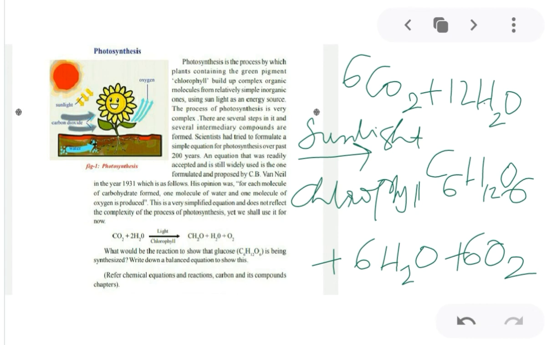So this is the well balanced equation of photosynthesis. 6CO2 plus 12H2O gives C6H12O6, 6H2O plus 6O2 is the balanced equation.